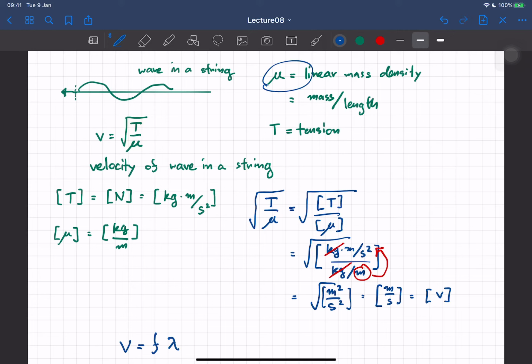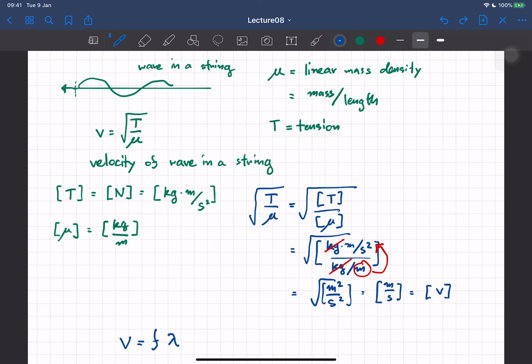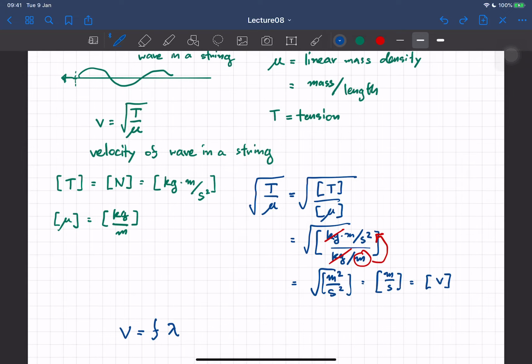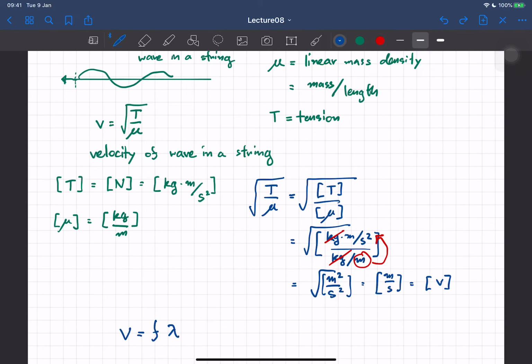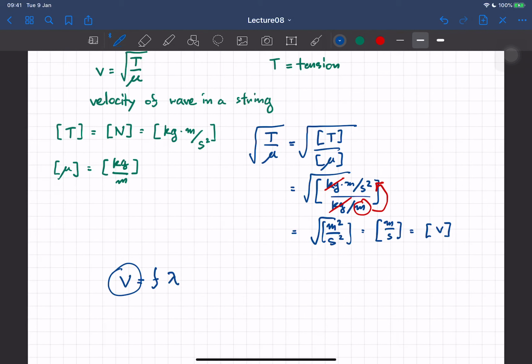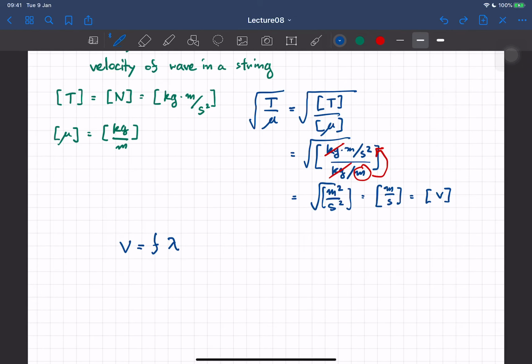How heavy it is, how tight it is, okay? So it has nothing to do with the source, right? We have not touched any property of the source because v has nothing to do with the source of the wave. v is the property of the medium.